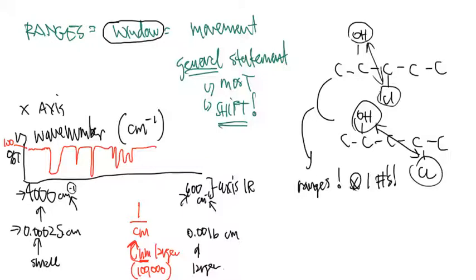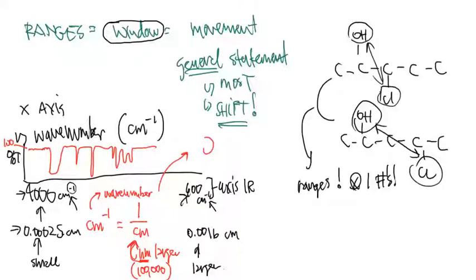And then they say, well, we're going to take 1 divided by the centimeter, and that's what we call centimeter to the minus 1, or per centimeters. That unit is called the wave number, and the wave number has an abbreviation, and it's basically a cricket-looking V. That is the wave number that we will associate with infrared spectroscopy.